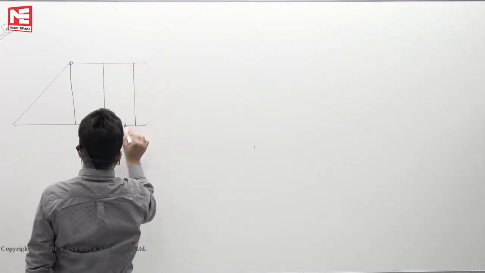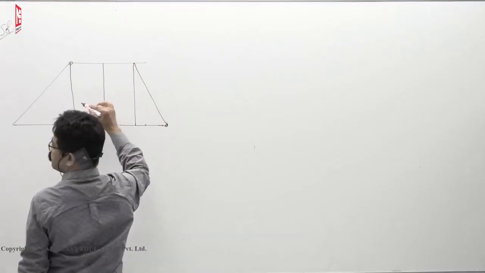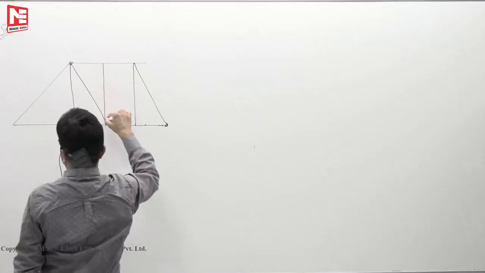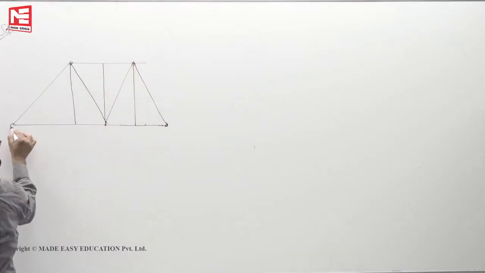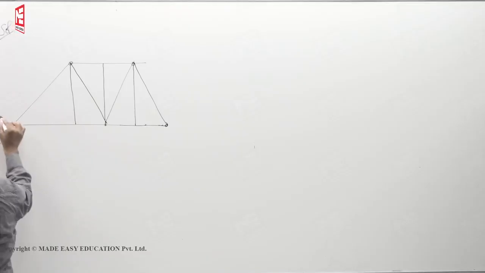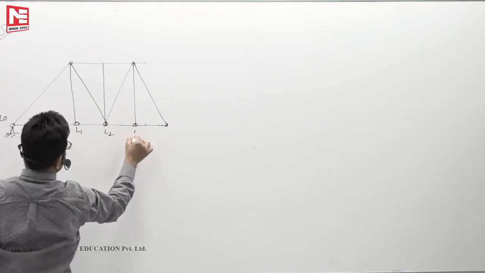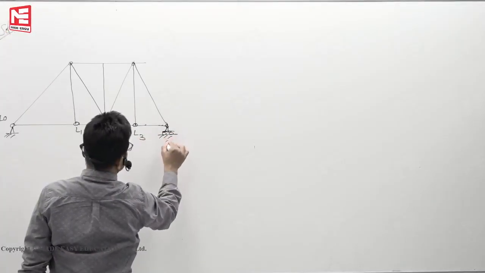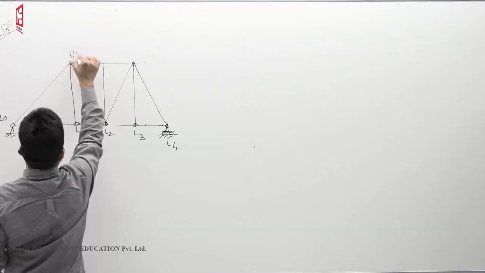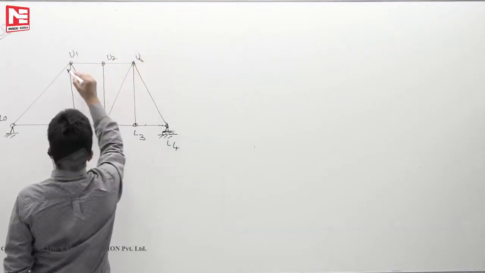This diagram we don't require at all. Like this it is given. L0, L1, L2, L3, L4. This is U1, U2, U3. This angle is theta.